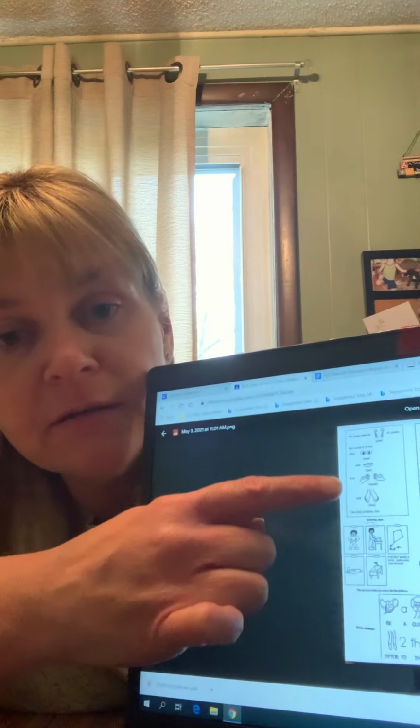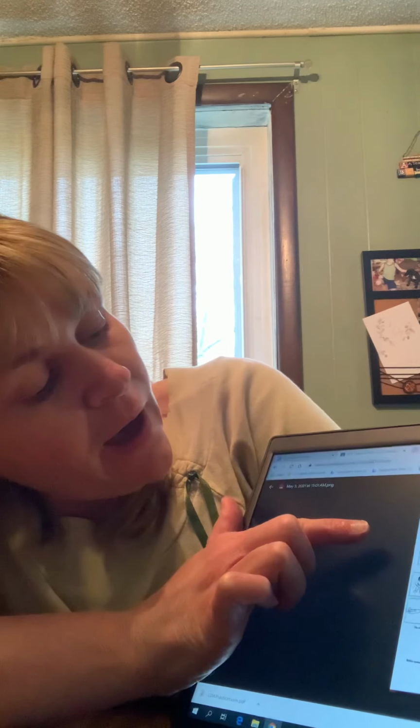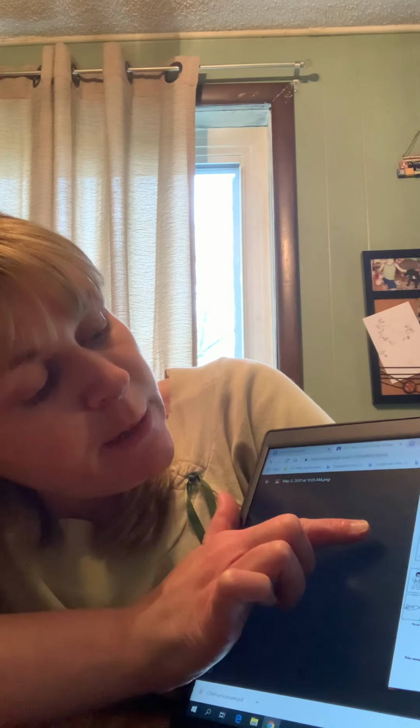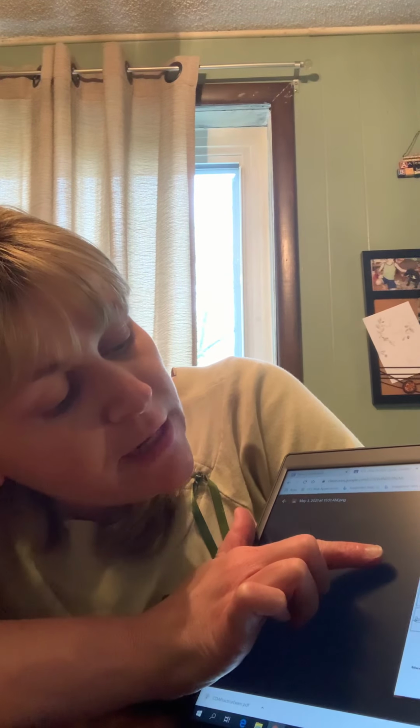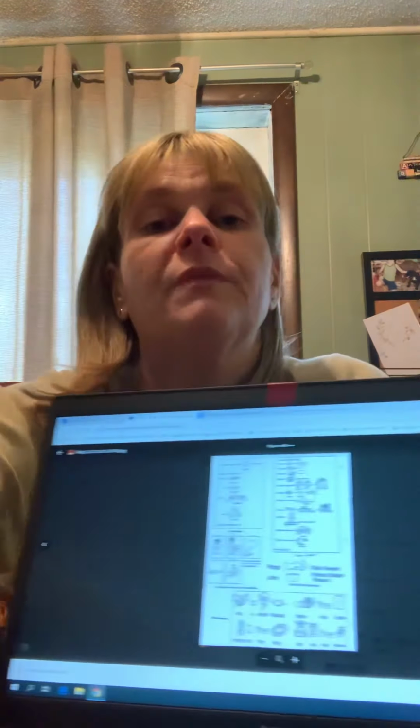We listen with our ears, and it's a picture of two ears, of course, but surely it is true that, and then it shows the eyes and lips and hands and feet can help us listen too. So that's just a little cute way to have a little rule or expectation for listening.